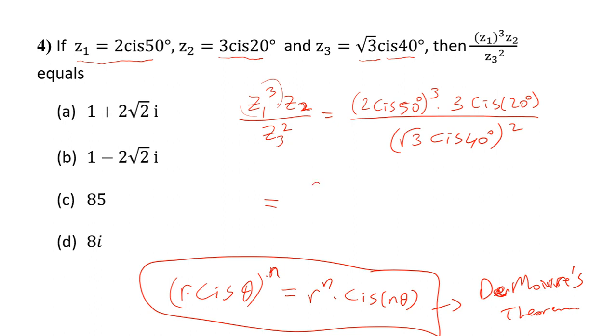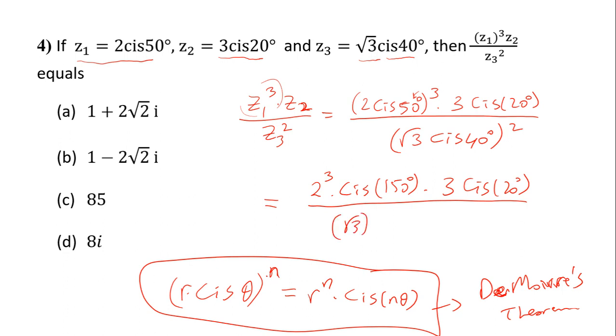Now let's apply it. It will be 2 cubed times CIS 3 times 50, which is 150 degrees, times 3 CIS 20, and then square root 3 squared times CIS 80 degrees. So I'm using this one.